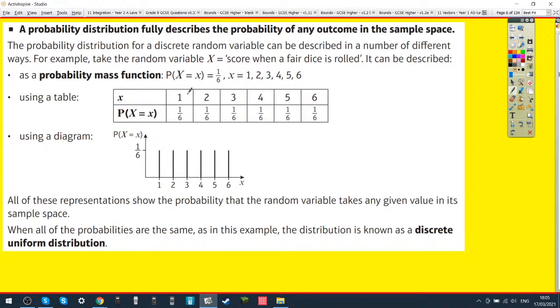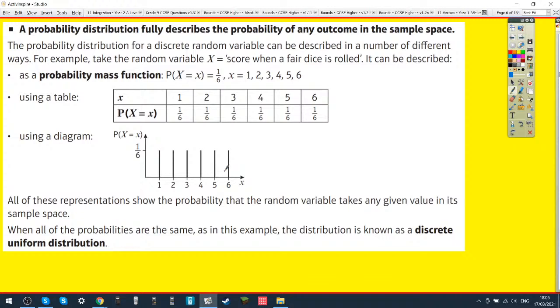Using a table, this is a lot more like GCSE: x can be 1, 2, 3, 4, 5, or 6, and the probability for each is a sixth. Or using a diagram, and you'll see graphs and stuff later on.